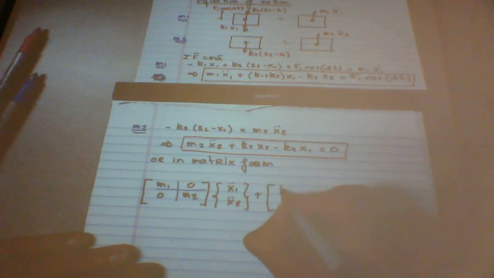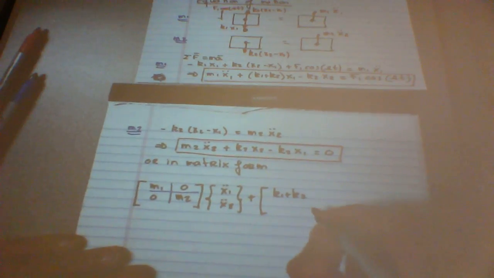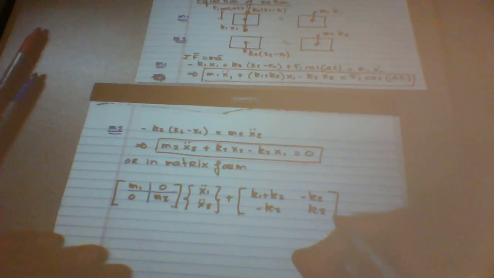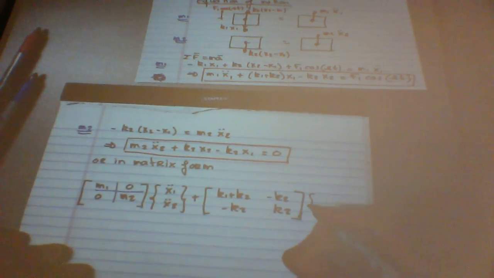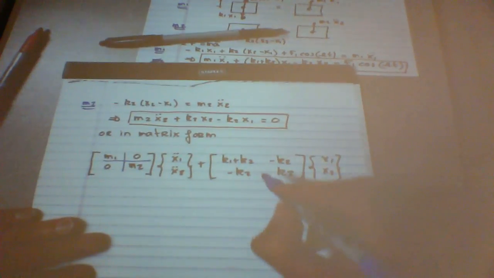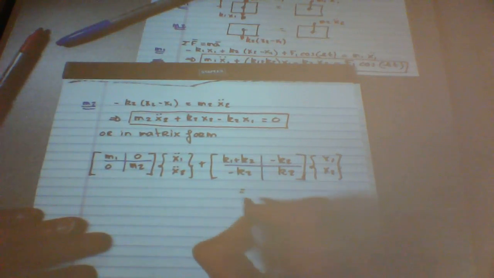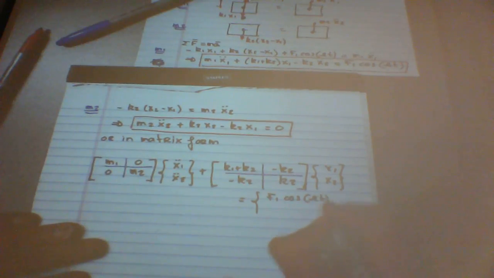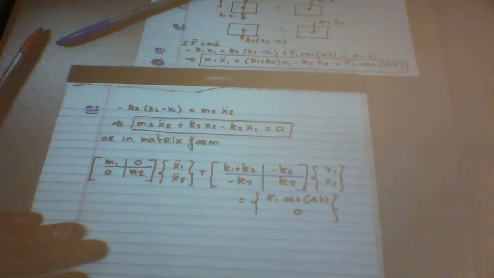Coupling in the stiffness: first row K1 plus K2, minus K2; second row minus K2, K2. I should leave a little more space here. And this should be equal to F1 cosine of omega t and 0.